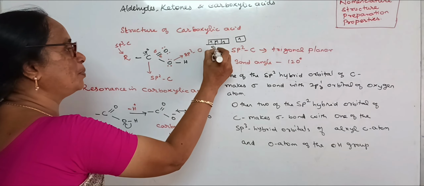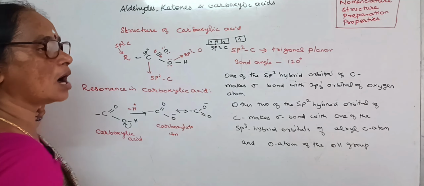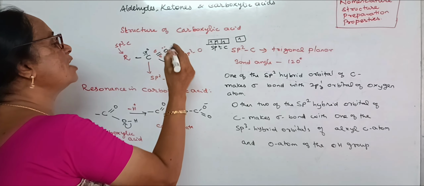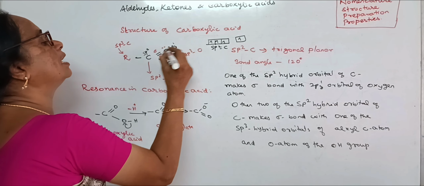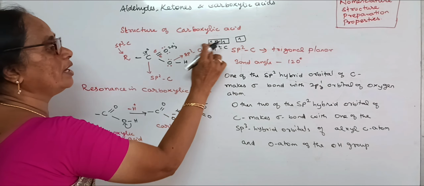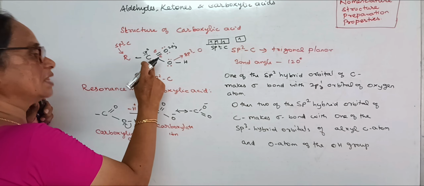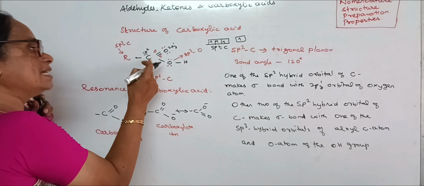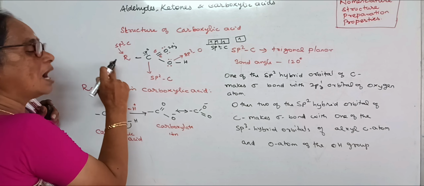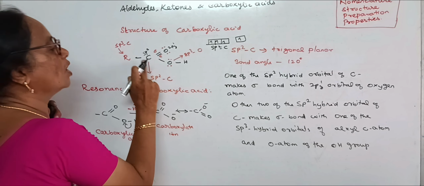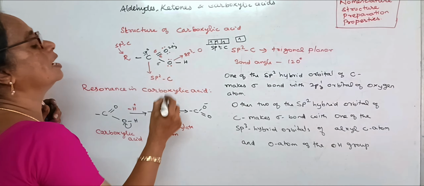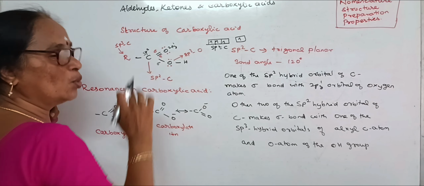This sp2 hybrid orbital of carbon overlaps with one of the 2p orbitals of the oxygen atom, and another sp2 hybrid orbital of the central carbon gets sigma bonded with the sp3 hybrid orbital of the alkyl group, and one more sp2 hybrid orbital overlaps with the oxygen atom of the OH group.